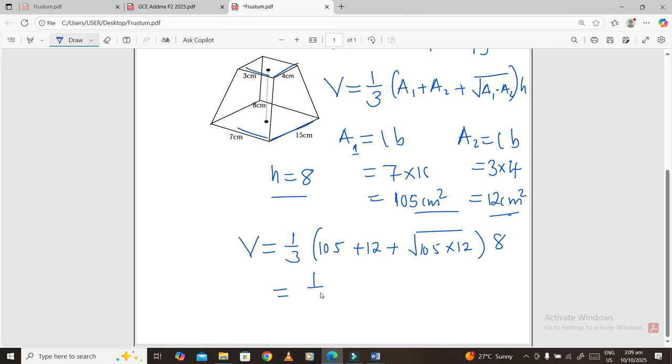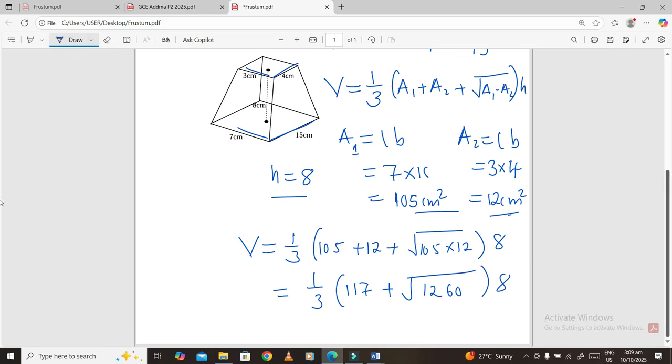So we can now simplify. 105 plus 12 is 117, plus the multiplication of 105 and 12, which gives us 1,260.